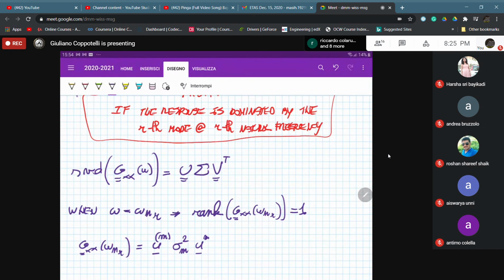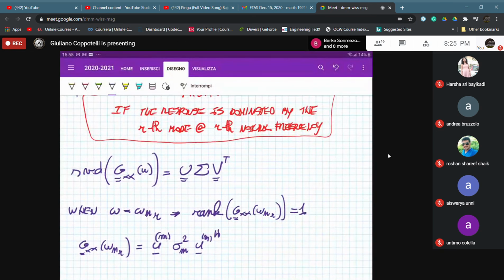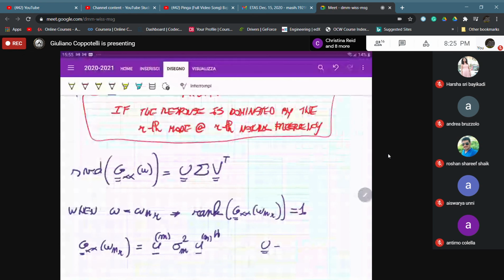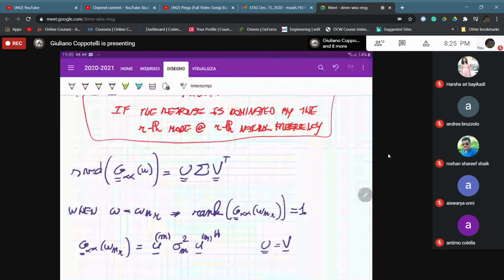Because we are having, let's say, a causal system, what we can say is the left singular vector matrix is equal to the complex conjugate V matrix.